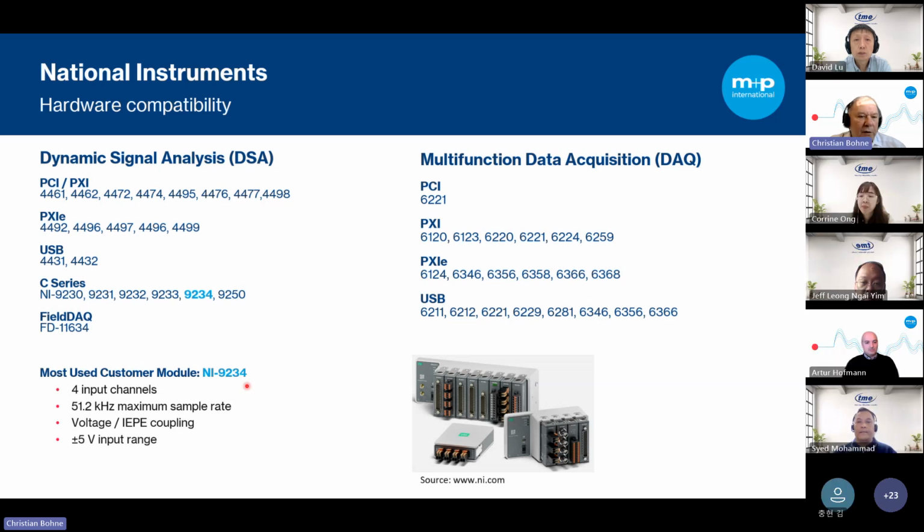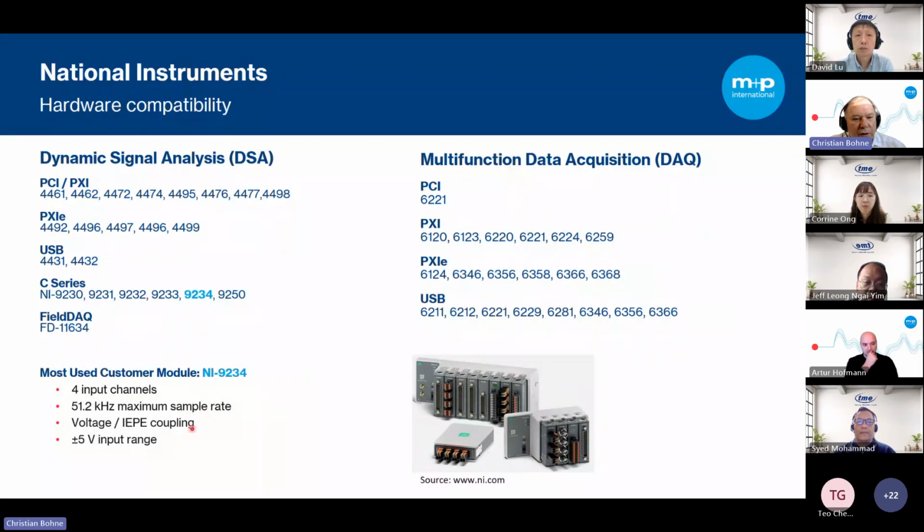So it's a 4-channel input module. You can run it just with a USB carrier, so you don't need a power supply. You just power it via a USB cable, or you house it in a compact DAQ chassis. So it has 4 inputs, 51 kilohertz.